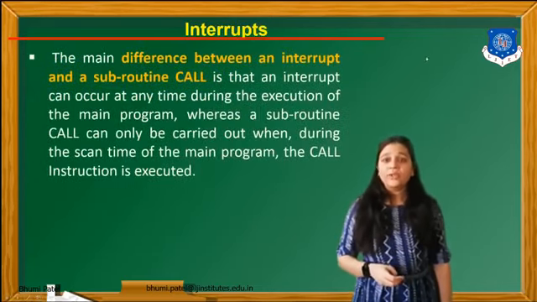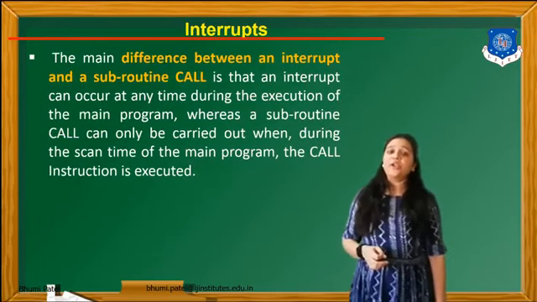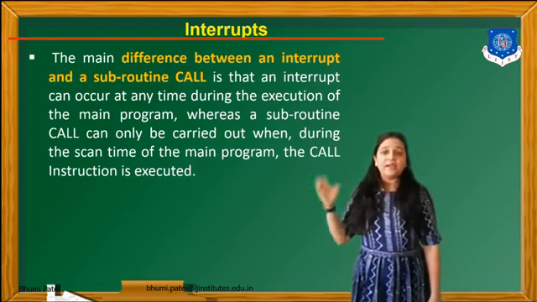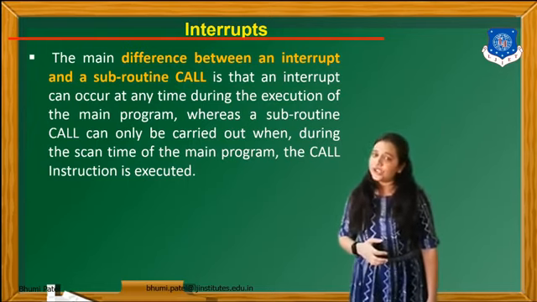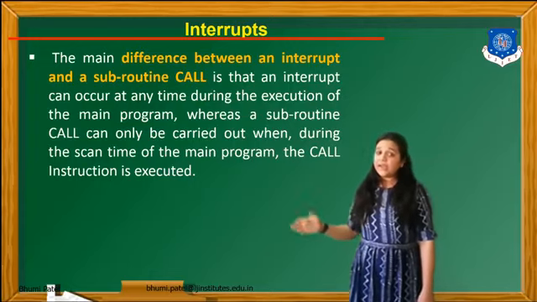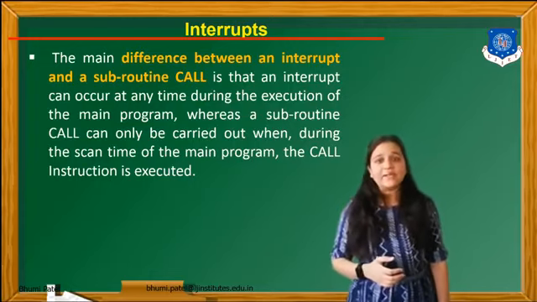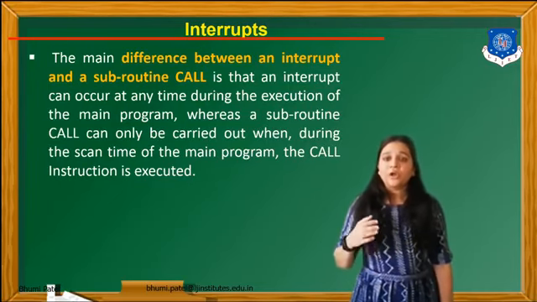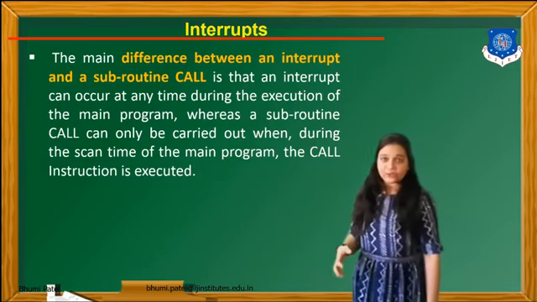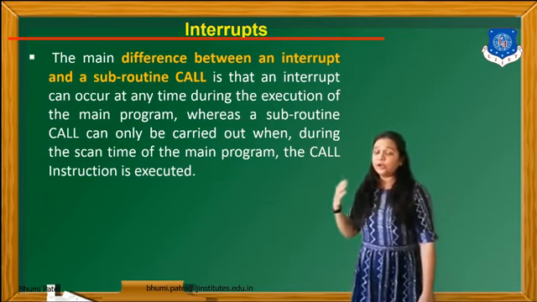The main difference between an interrupt and a subroutine call is that an interrupt can occur any time during the execution of the main program, whereas a subroutine call can only be carried out when, during the scan time of the main program, the call instruction is executed. So this is the main difference between interrupt and subroutine call.